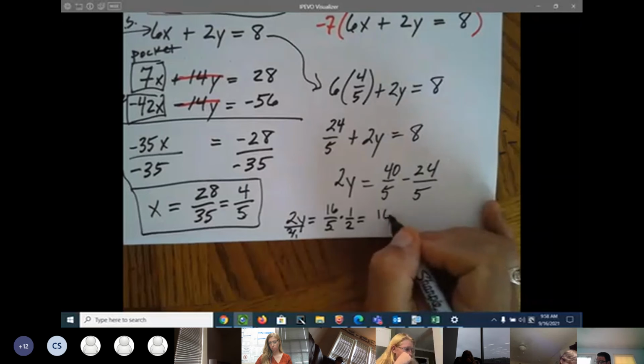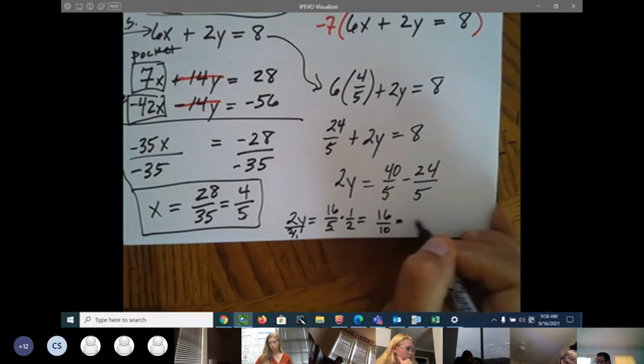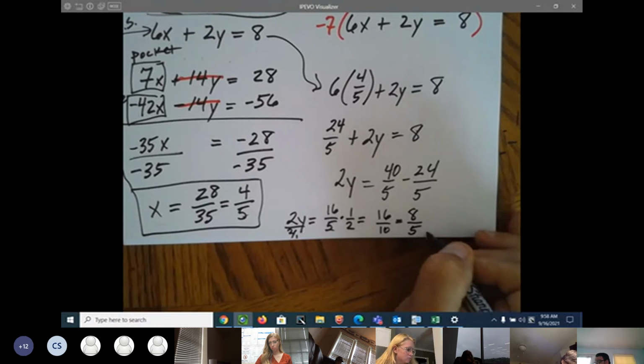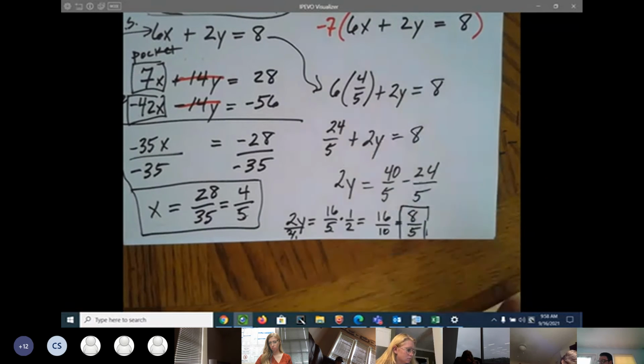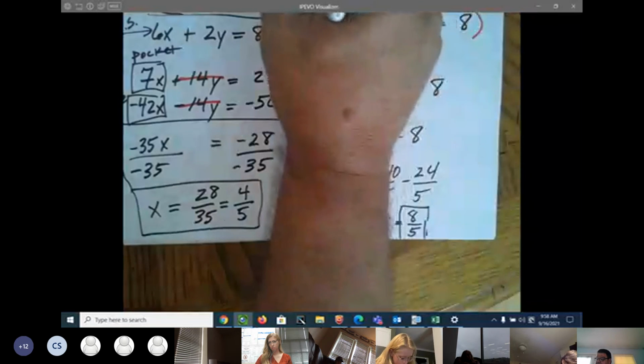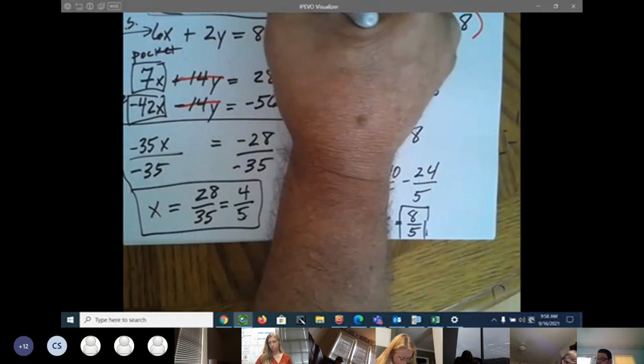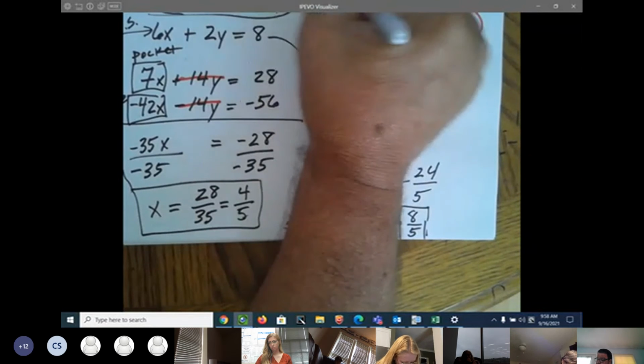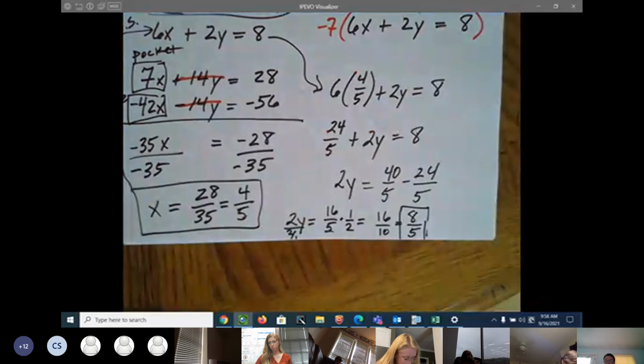I get 16 over 10, which is equal to 8 over 5. So I get 4/5 and 8/5. So 4/5, comma, 8/5. That's where it intersects, but we can check it and see what the answer comes out to be.